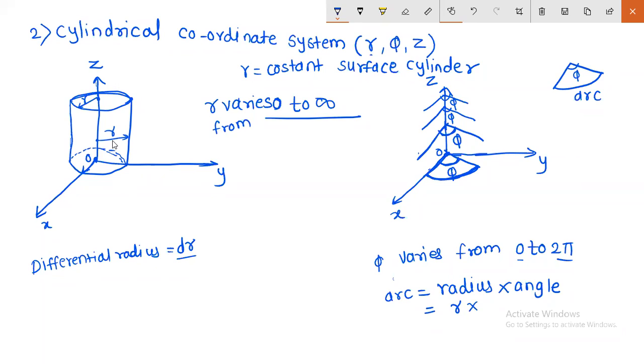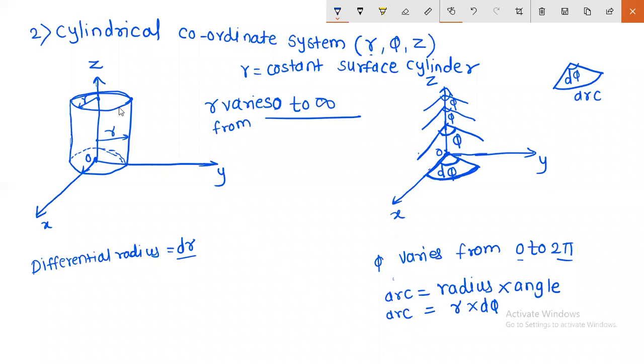Actually the angle is phi, but when we consider a small section, the angle we consider is d phi, the differential angle, for differential surfaces. So this arc is equal to radius into angle, that is r d phi.